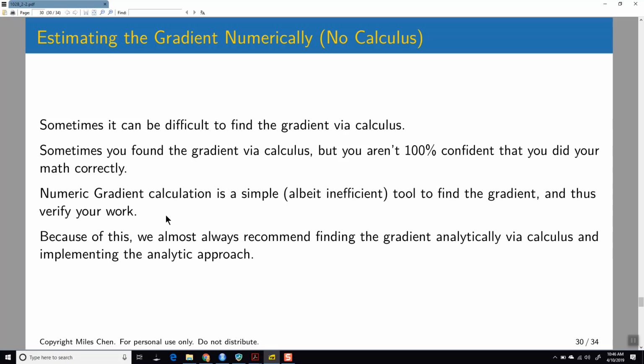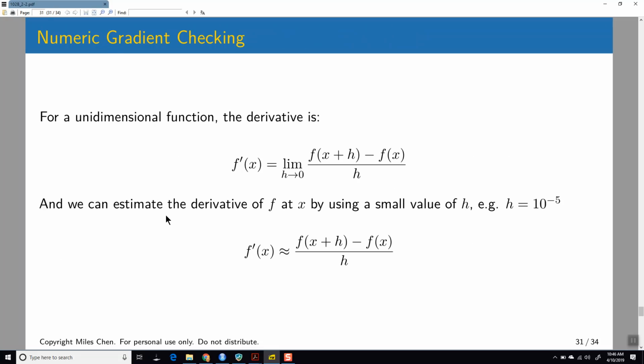But it is a very useful tool to make sure that the gradient you calculated via calculus makes sense in the first place. If you recall how a derivative works, the derivative is this limit as h goes to 0, and you can approximate the derivative just by taking some small value of h, say 10 to the negative 5. You throw that in there and you'll get an approximation of the derivative.